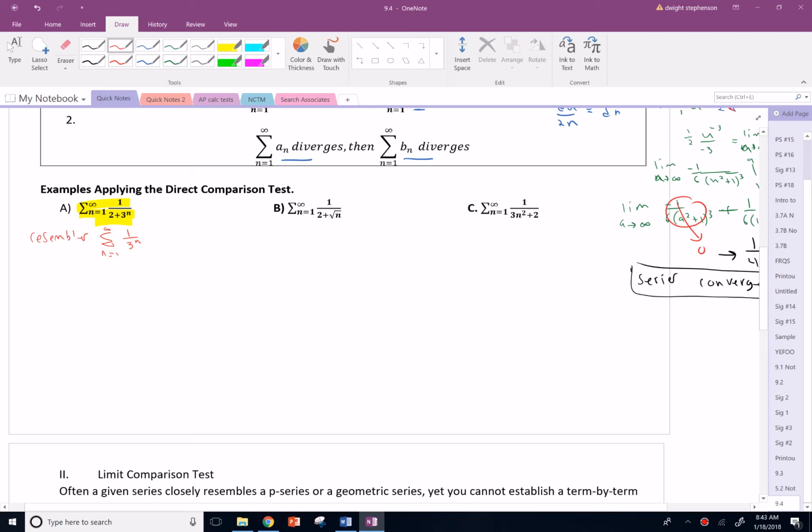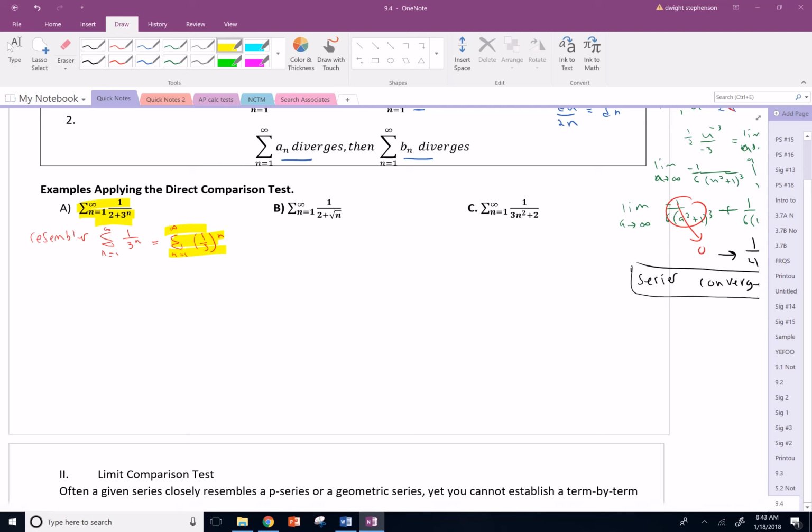The only difference is there's a plus 2 down there on the bottom, right? And this series is what, right? It looks very much like the example we did above. It looks like a geometric series, right? 1/3 to the n. So this series here converges, right? Because it's a geometric series, and r is less than 1.